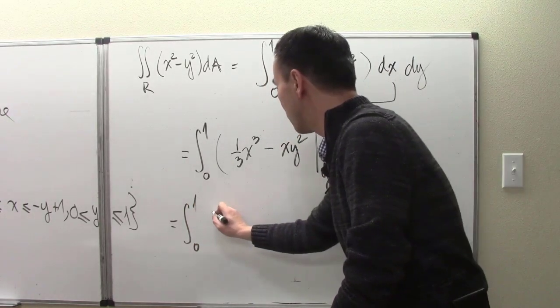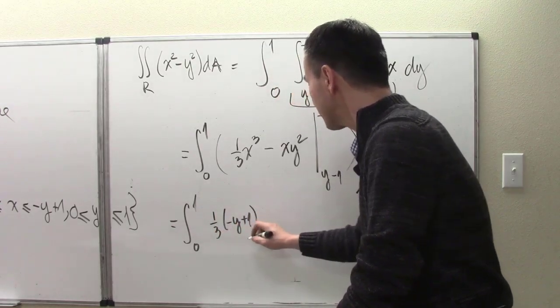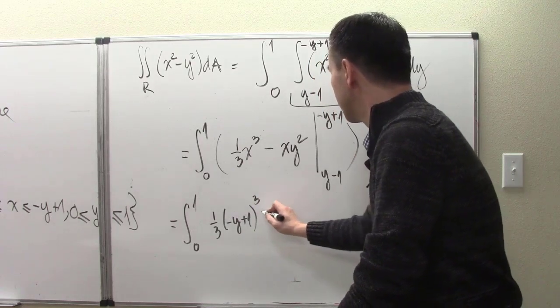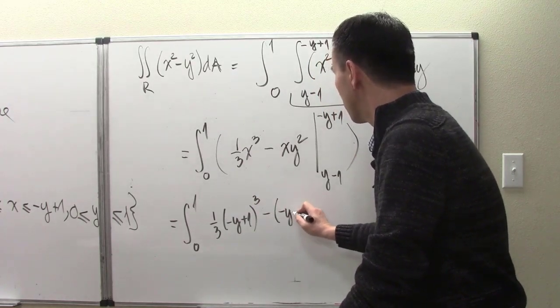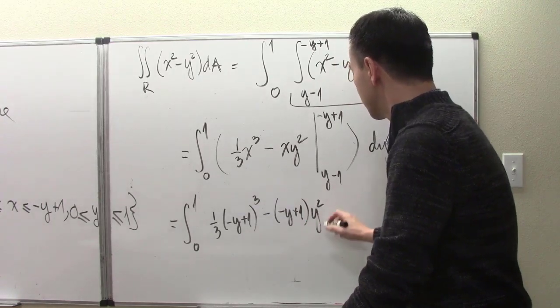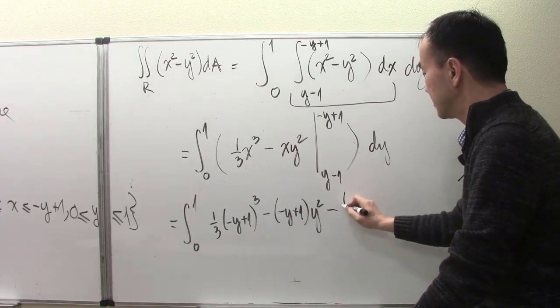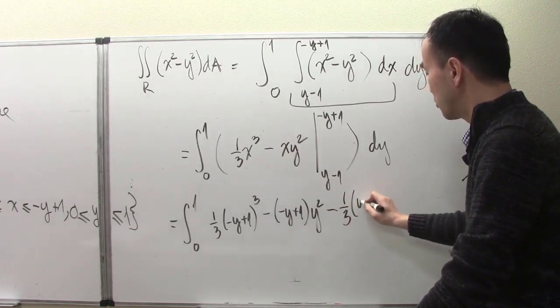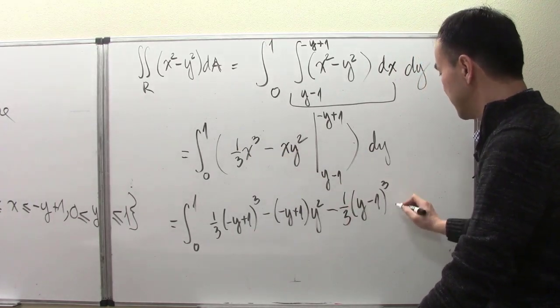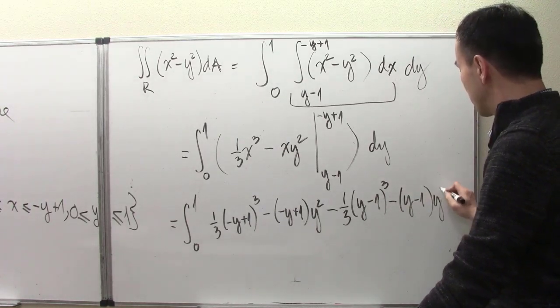I'm looking at 1/3 times (minus y plus 1) cubed minus (minus y plus 1) times y squared, and then minus, now I'm going to substitute that in there, 1/3 times (y minus 1) all cubed, and minus again, (y minus 1) times y squared.